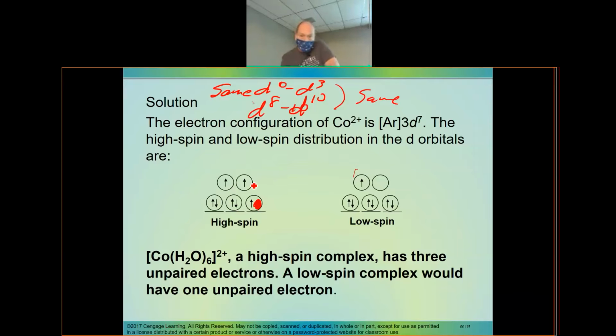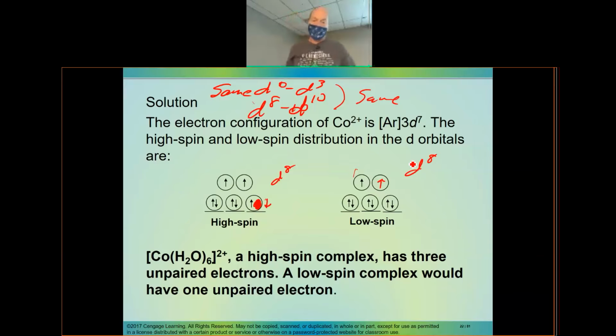Now, when we get to 8 and we're high spin, we would put that electron in, and then here, we would put the next electron right here. So a d8 and a d8, whether it is high spin or low spin, would have the exact same configuration of 2 unpaired electrons. d9 would have the exact same configuration of 1 unpaired electron.